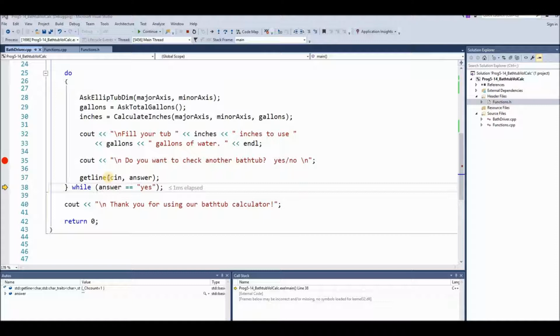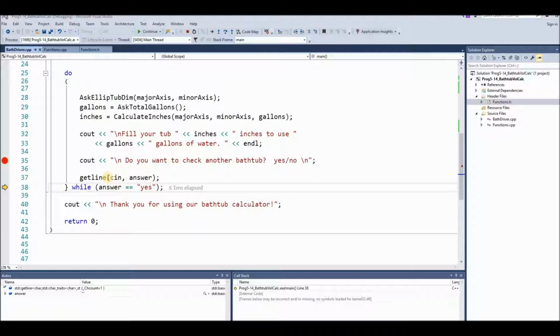Okay, the function of getline is to read a line to the enter key. It consumes the enter key and throws it away. If you read something with the cin and don't use a cin.ignore to consume the enter key, because it is left by cin. Cin only reads to the white space.